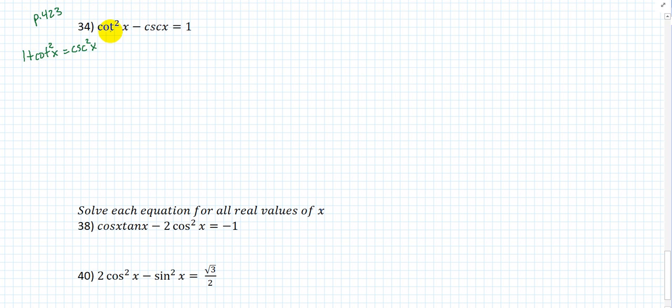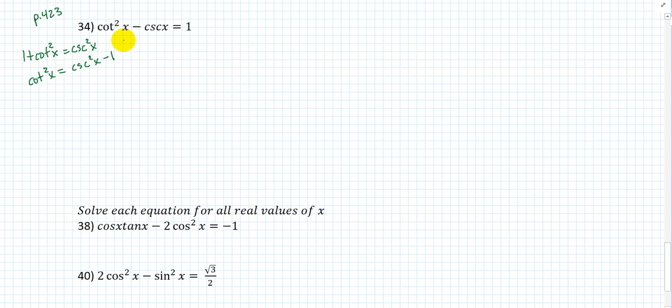I could have looked at that and gone cosine over sine, and then this cosecant is 1 over sine, and then I could try multiplying and do some things to get it in terms of sine and cosine, and I might be able to work it out. But when I look at this right here, I go, well, can I change my cotangent, or can I subtract 1 on both sides here, and I get this problem.